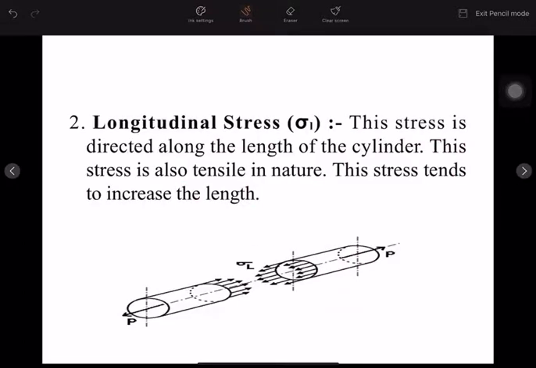So next comes another stress, which is known as longitudinal stress. This stress is generally defined as a stress which is directed along the length of the cylinder.